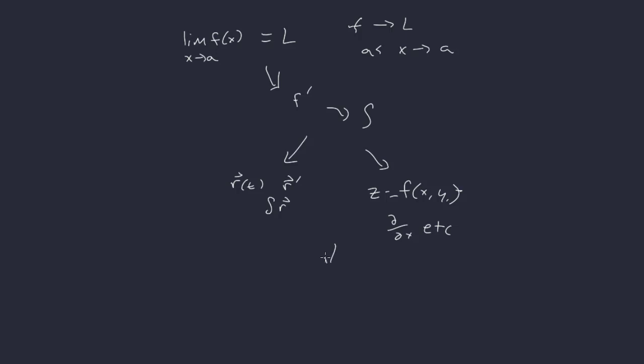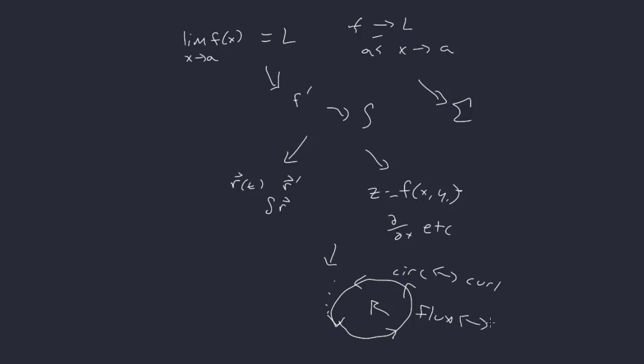And we've looked at a lot of things, infinite series, all the way up to this idea that the circulation on the boundary is completely dependent on the curl over the region, or that the flux on the boundary corresponds with the divergence in the region.